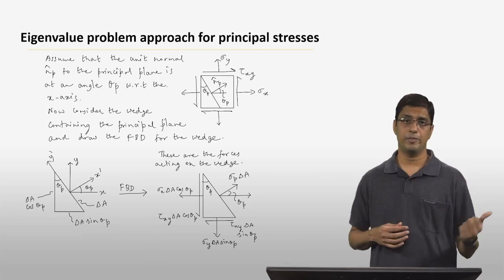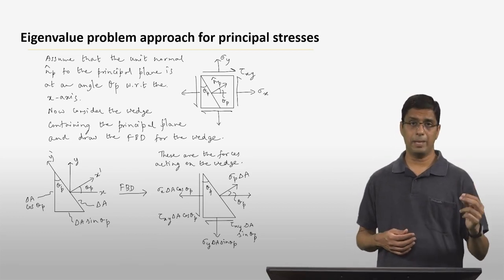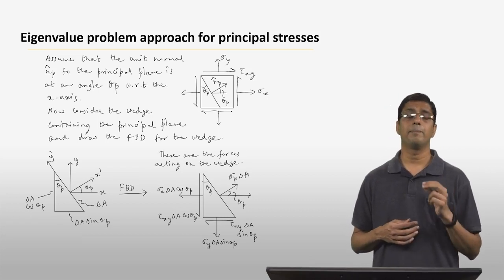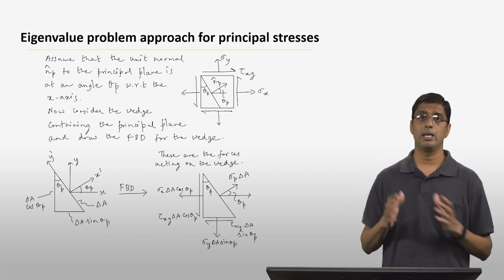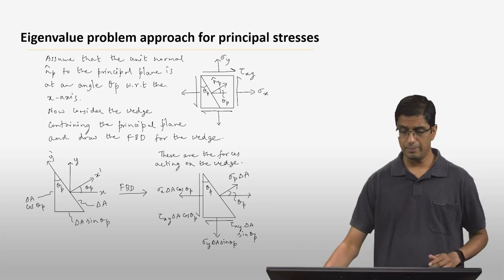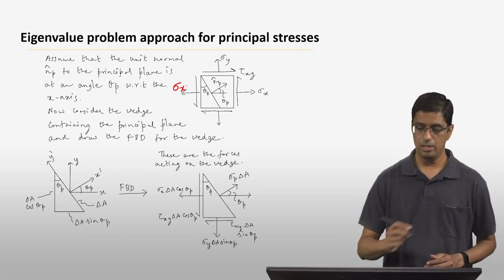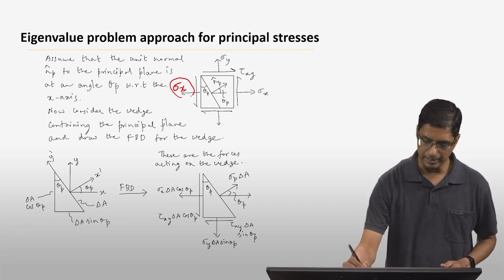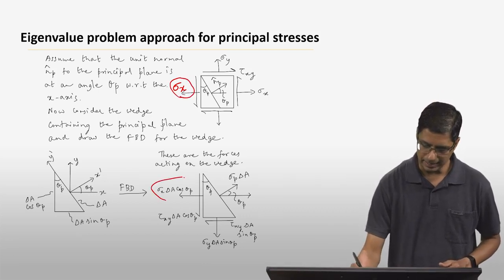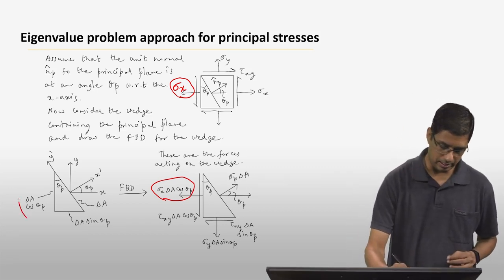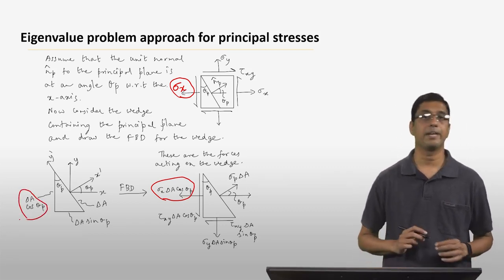For the free body diagram, we multiply the stresses acting on those faces by the areas of those faces. For example, this is sigma x, and this is also sigma x. The force due to sigma x is sigma x times delta A times cosine theta p, because the area of that face is delta A cosine theta p.